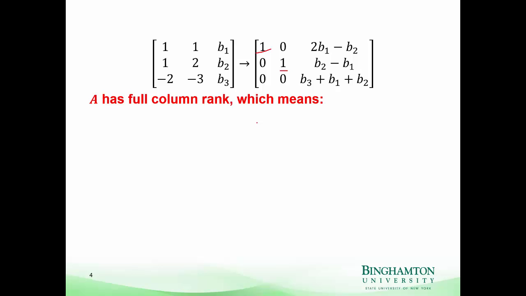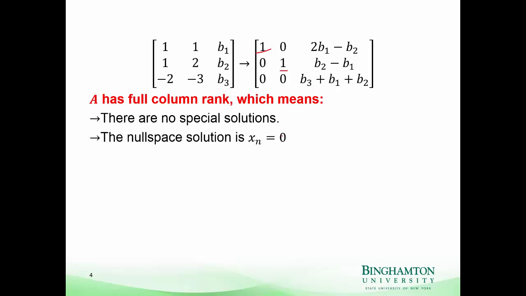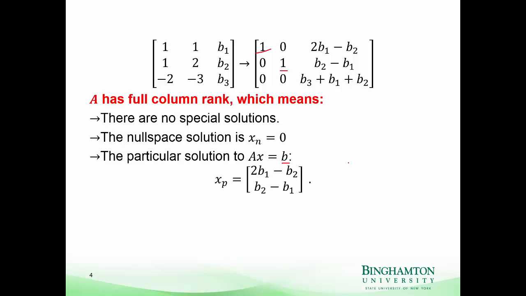Again, we know that we have full column rank. So there are no special solutions. That means our null space is just the 0 vector. And our particular solution will be the only solution if this B is selected to lie in the column space. If the B is selected so that it lies outside of the column space, then there is no particular solution.